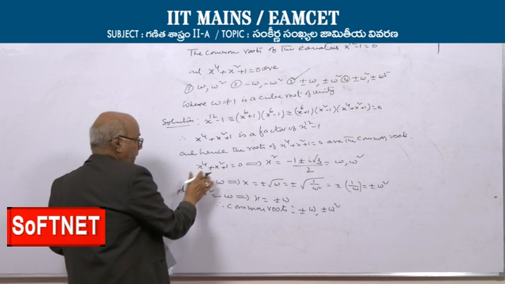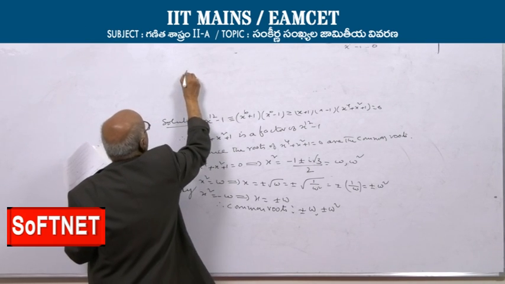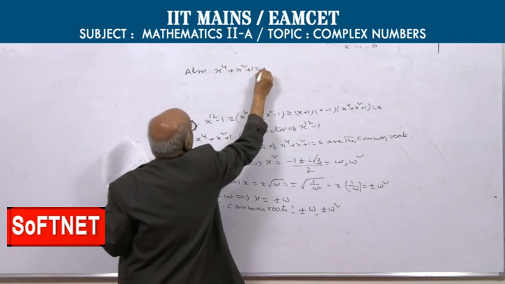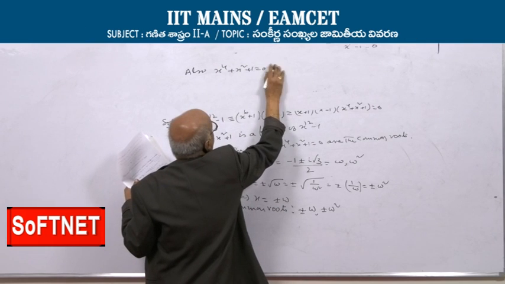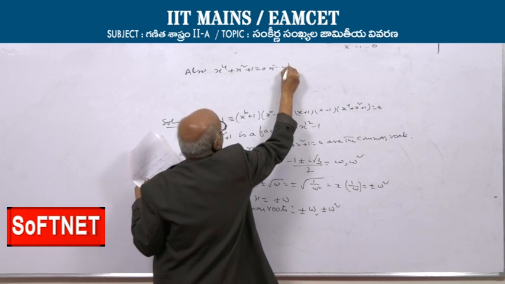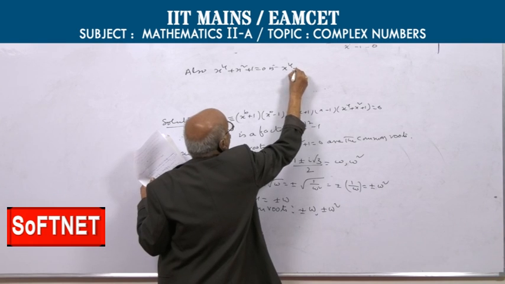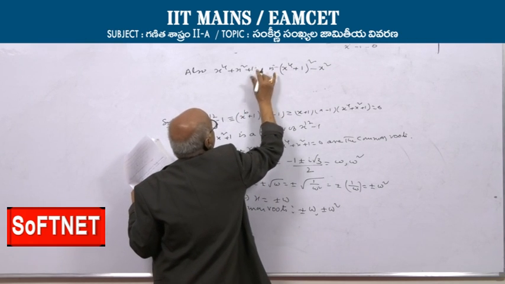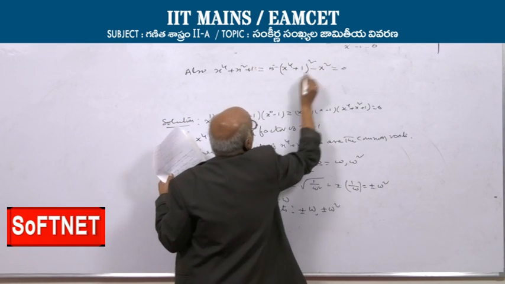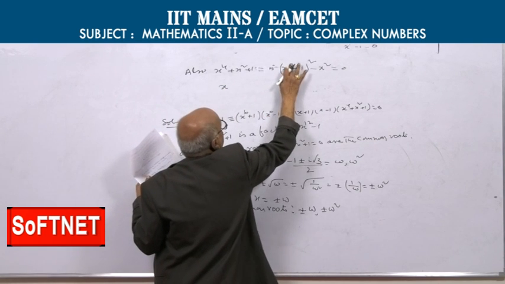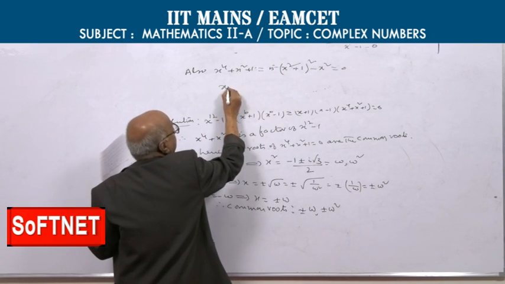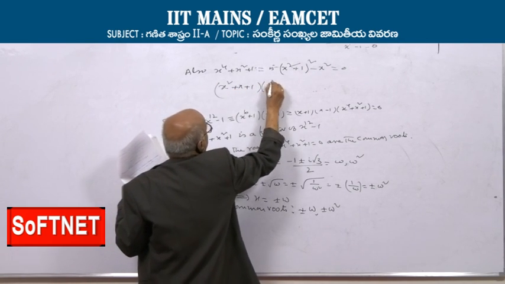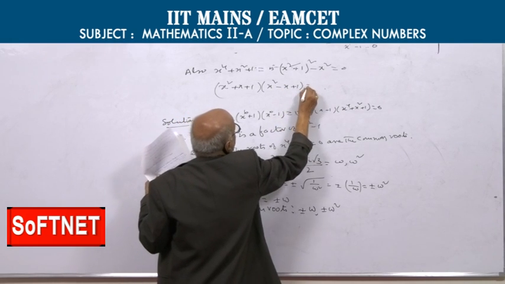Also x power 4 plus x square plus 1 equal to 0 can be written as x power 4 plus 1 whole square minus x square, and this is equal to 0, which means x square plus x plus 1 into x square minus x plus 1 equal to 0.